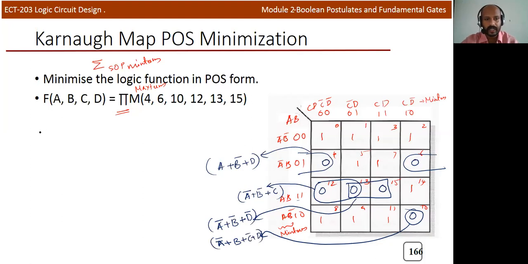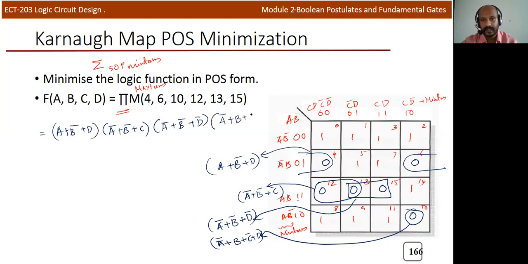Okay, so we got the final expression like this: A plus B bar plus D, into, the AND operation, A bar plus B bar plus C, into A bar plus B bar plus D bar, into the next term, A bar plus B plus C bar plus D. Okay, so this is the final expression which represents the given max term expression.